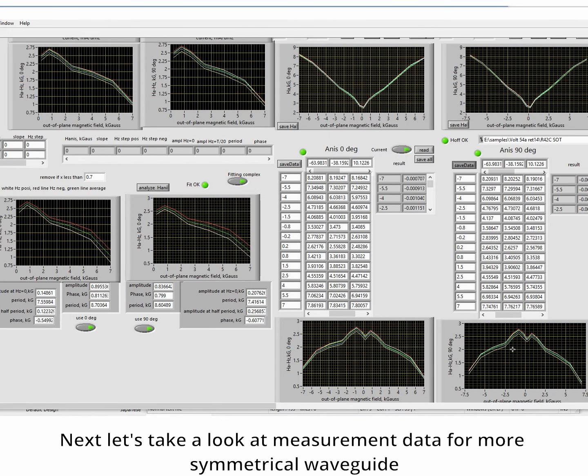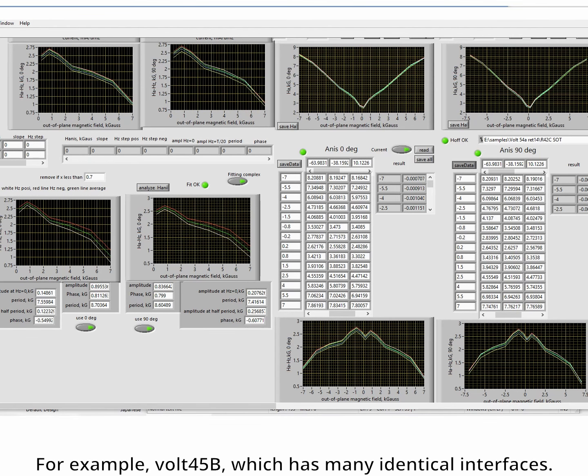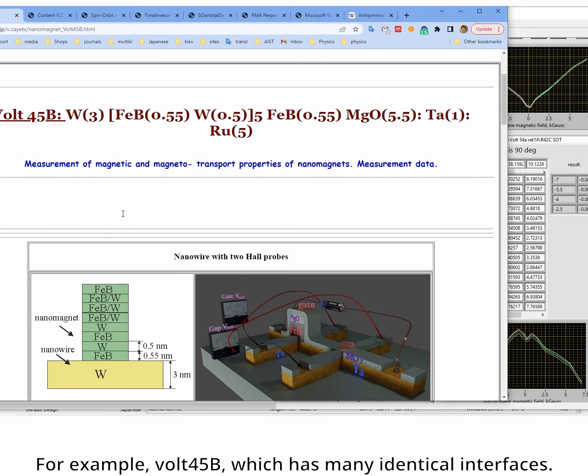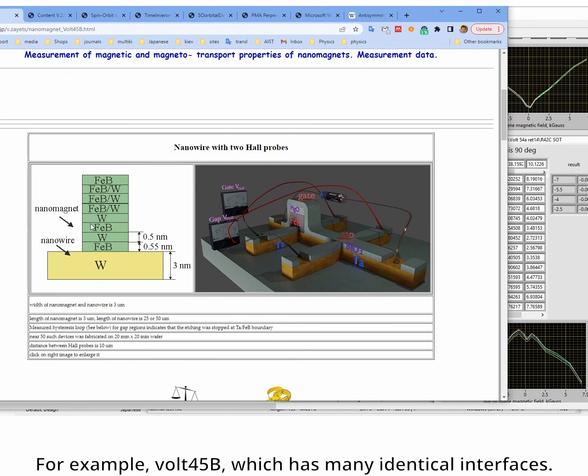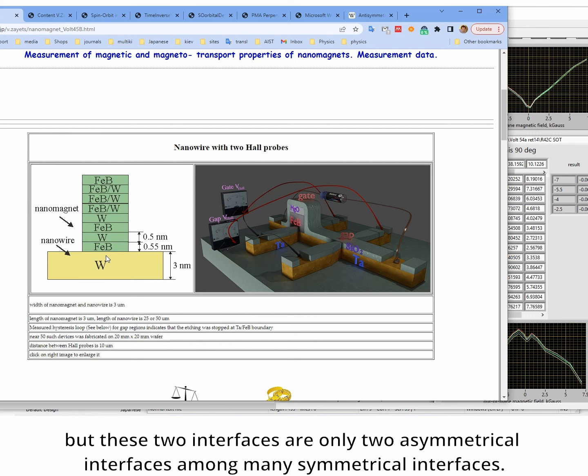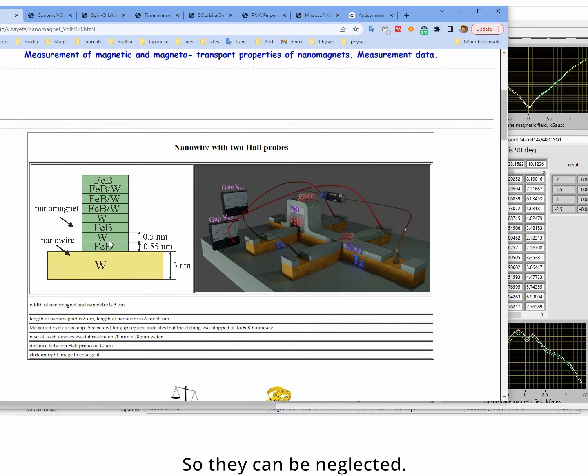Next, let's take a look at measurement data for a more symmetrical waveguide. For example, Ha.05a, which has many identical interfaces. It still has asymmetry between the top and bottom side, but these two interfaces are the only two asymmetrical interfaces among many symmetrical interfaces, so they can be neglected.